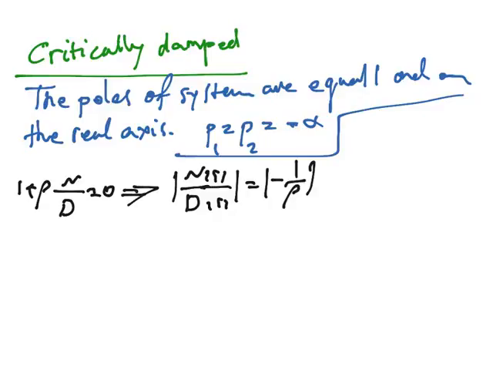If we replace the n and d with the expressions that we have, we will have 1 divided by S2 plus 0.1s.